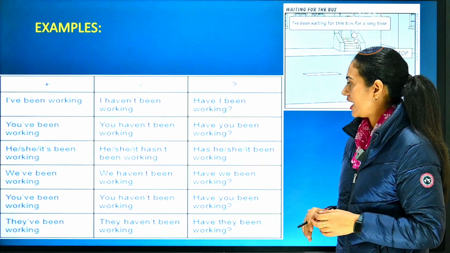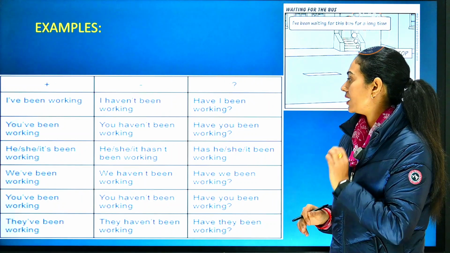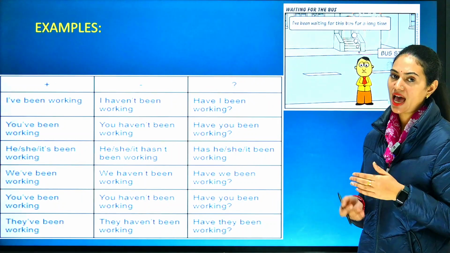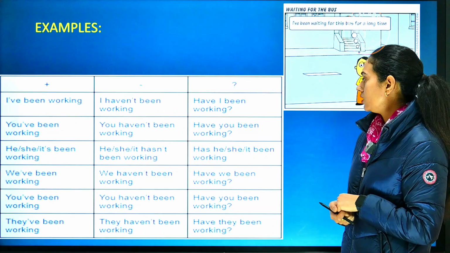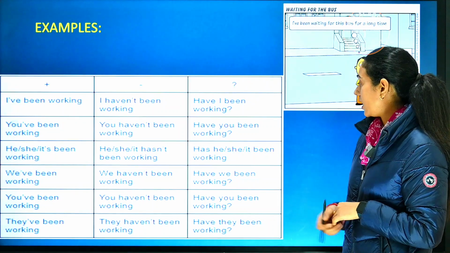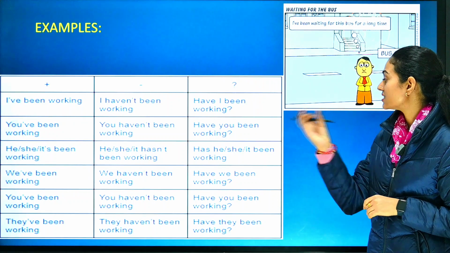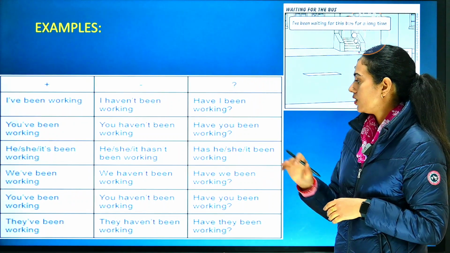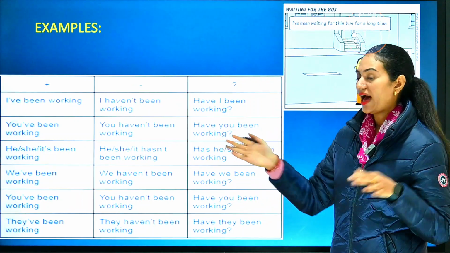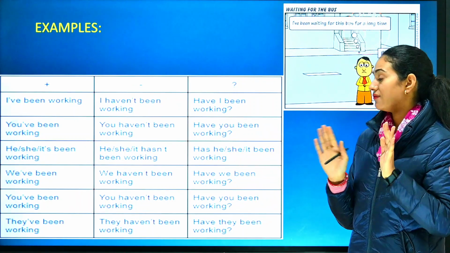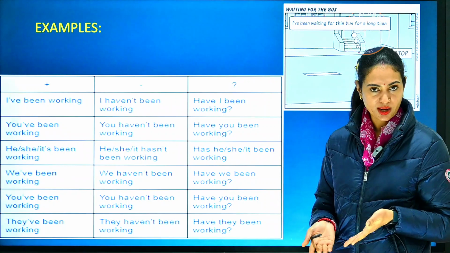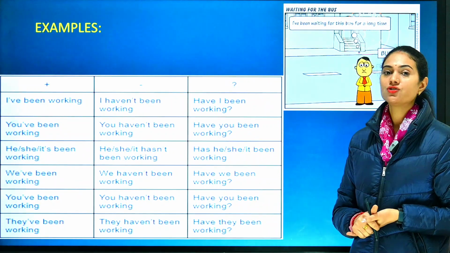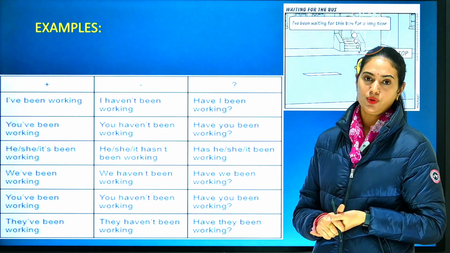For the third person we have, he has been working. Now you know when we use has or have. So it has not been working, has it been working in interrogative sentences. Okay, so these are the different examples for present perfect continuous tense.